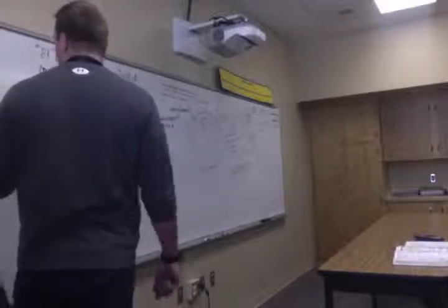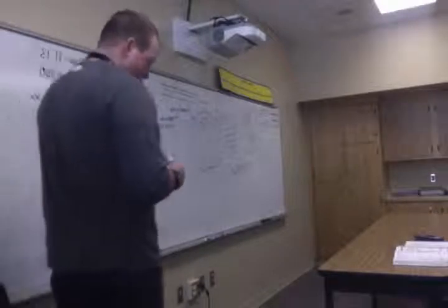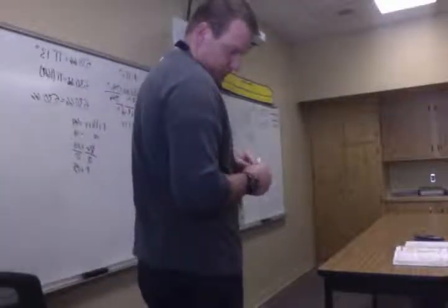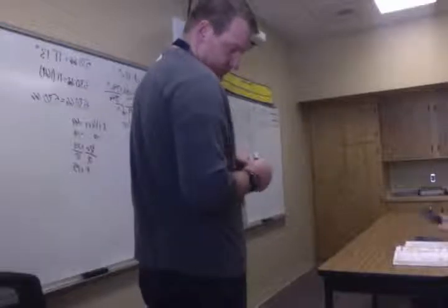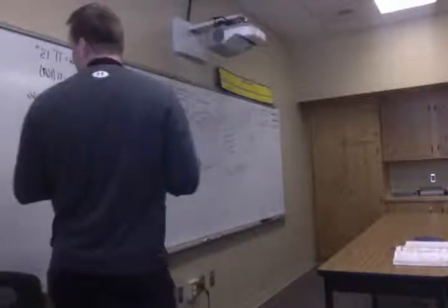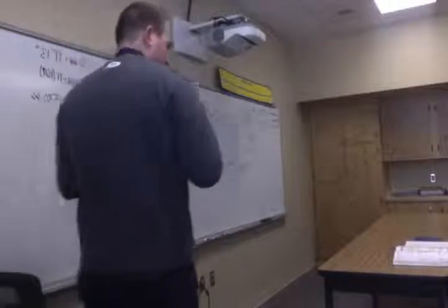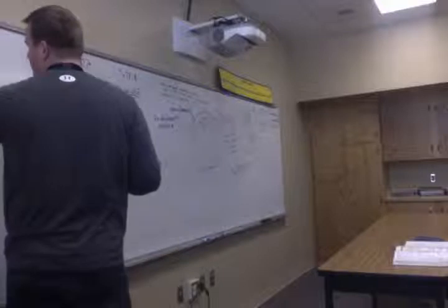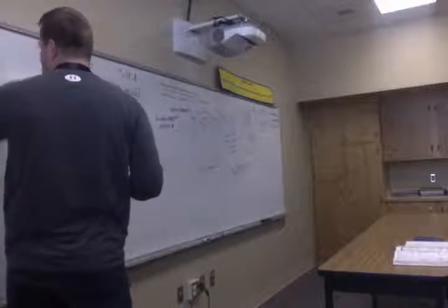So what's 15 squared? 15 squared is 225. 225 times, substitute, what number do we substitute in for pi? 3.14.